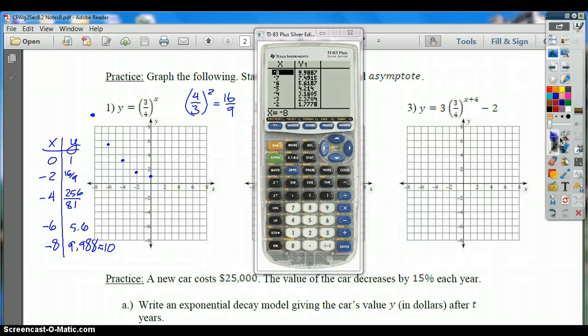Whereas if you go to the right, you can pretty much assume it's going to do the opposite. It's going to get less steep and less steep until you basically level out. So I'm going to do multiples of 2. So positive 2, I'm going to graph that point 5.6. So at 2, I'm about halfway. Right, 4. We're about at 0.32. So that's a little bit less.